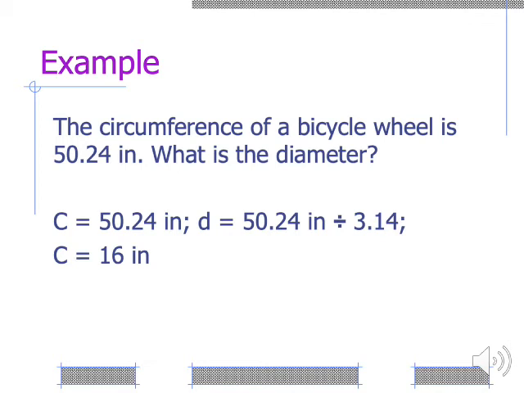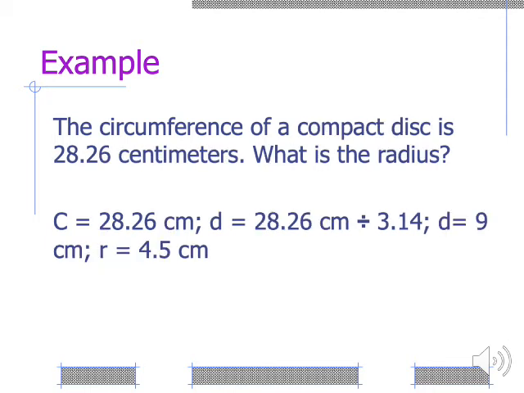From the formula, C = pi d, the circumference is 50.24. So d is the circumference over pi. That's 50.24 over 3.14, or that is 16. You may also check using your calculator if the calculation is correct.